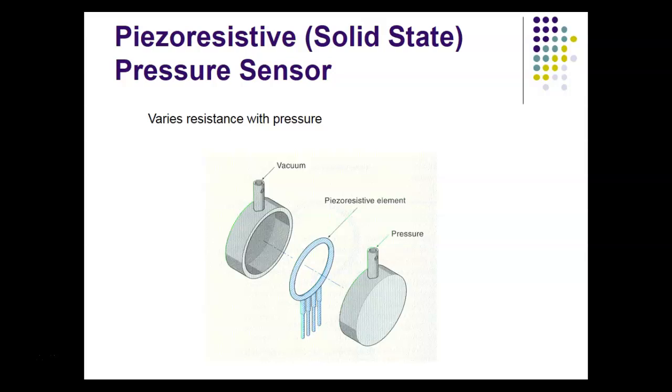So that's a piezo-resistive. But it's got a switching circuit in it, right? So these guys measure what? Their resistance with pressure. The threshold's already built into that, though, by the way. And it's got a span, right?